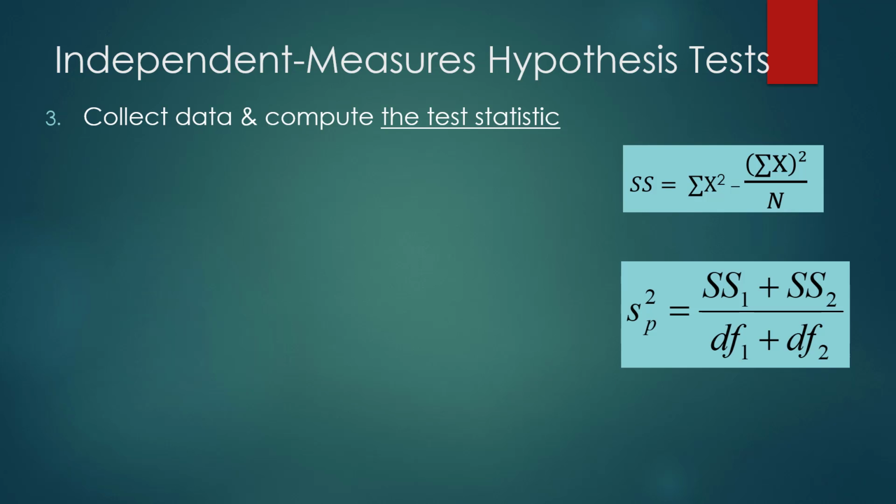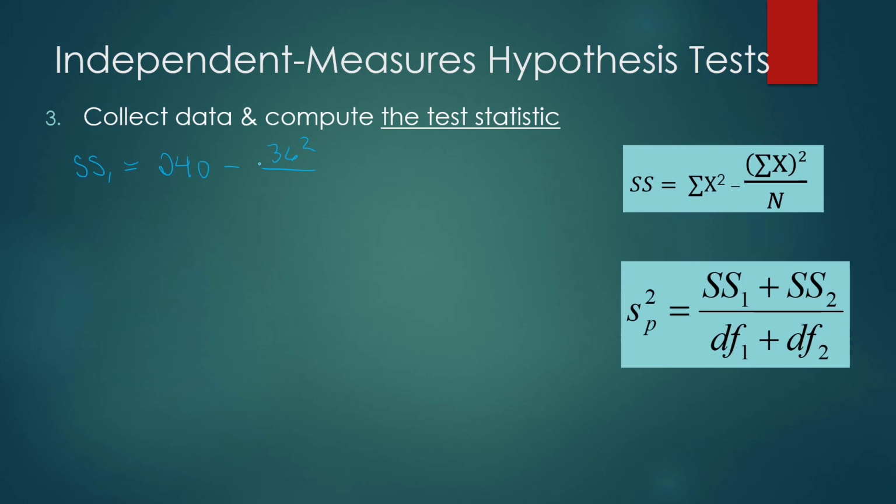Now we need to compute the t-statistic. We already collected the data on the previous slide. So we need to get our SS for sample 1. Those values from the previous slide: the sum of x squared was 240, minus 36, which was my sum of x, and I'm going to square that.